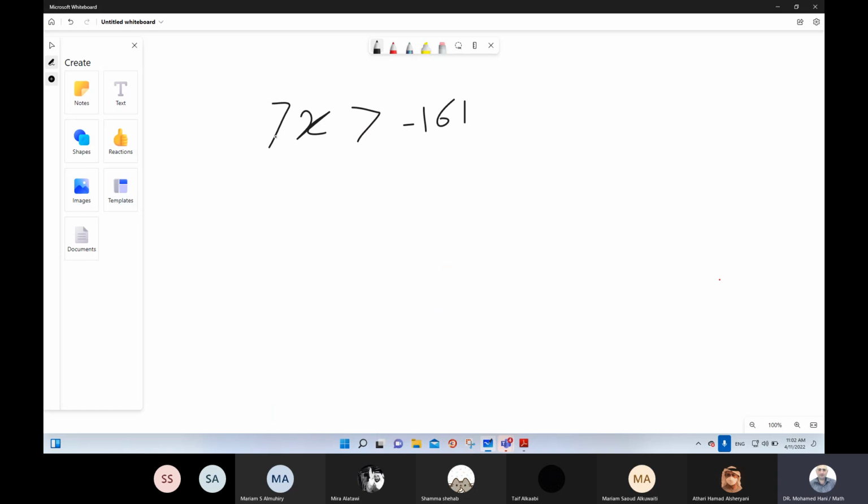To solve this inequality, try to remove 7 from this side. How to remove 7? You can divide the two sides by 7. Divide here by 7, divide here by 7. So 7 divided by 7 will be 1x, meaning x greater than negative, since negative divided by positive will be negative, and 161 divided by 7 will be 23.